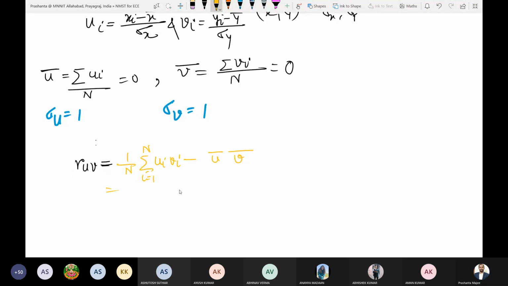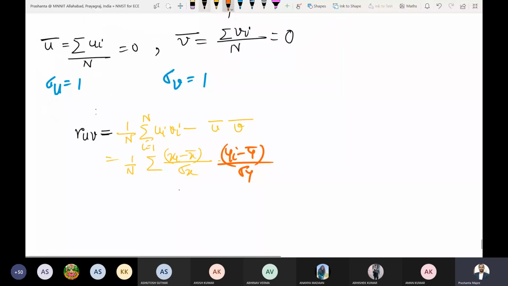So what is the first term? Now you substitute the values of u_i and v_i and simplify. So you are getting 1 by n summation, what is u_i? x_i minus x bar by sigma x into y_i minus y bar by sigma y. Sigma x and sigma y are two real numbers, so they will come out of the summation.